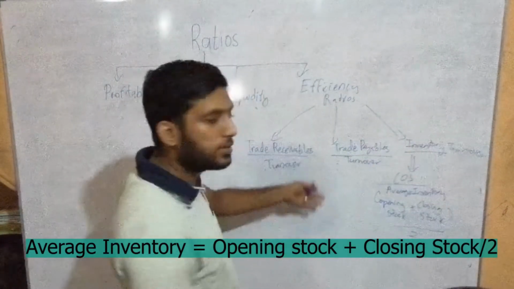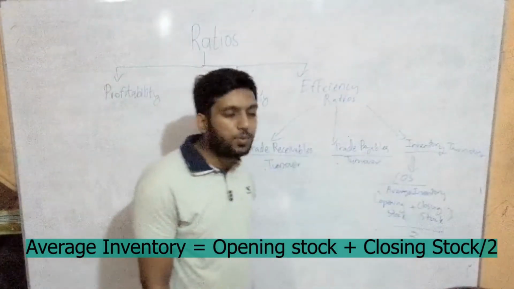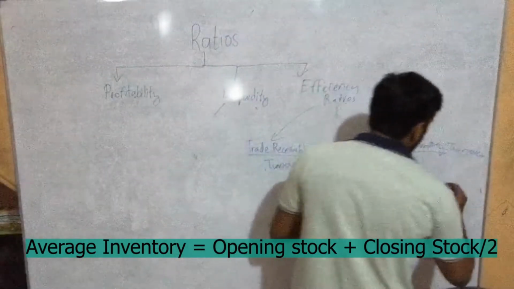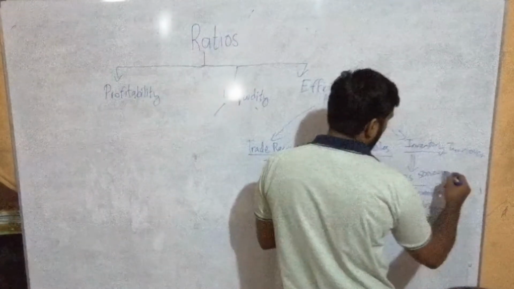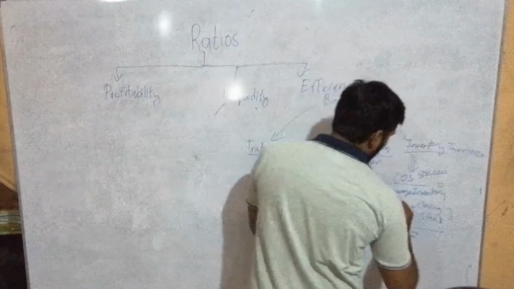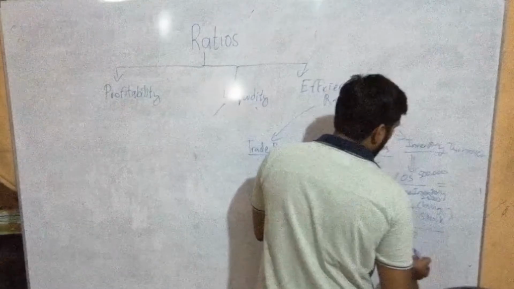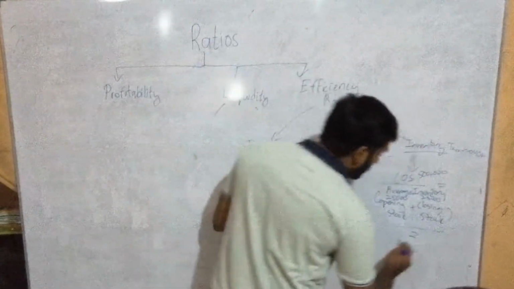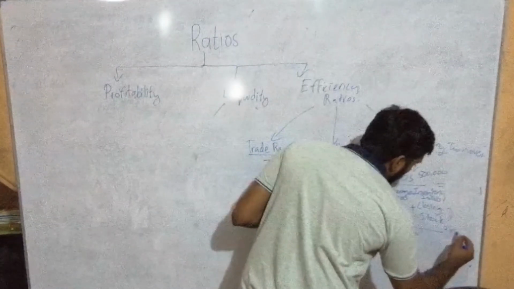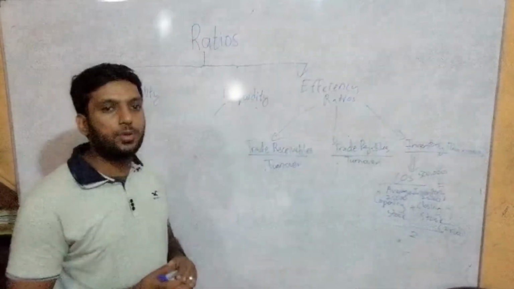So if you take cost of sales and divide by average inventory, opening stock plus closing stock divided by 2, it will give the number of times. Maybe if your cost of sales is 500,000 and your opening stock is 25,000 and your closing stock is 25,000, I'm sorry, so 25,000 plus 25,000 is 50,000. 50,000 divided by 2 will give you 25,000. So you need to divide this by 2.